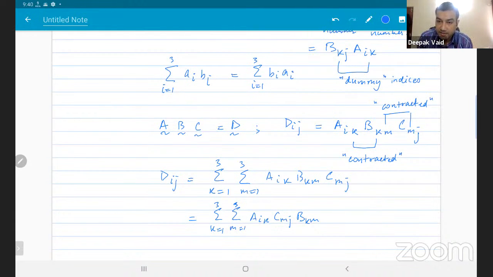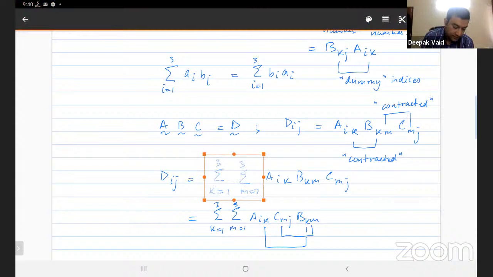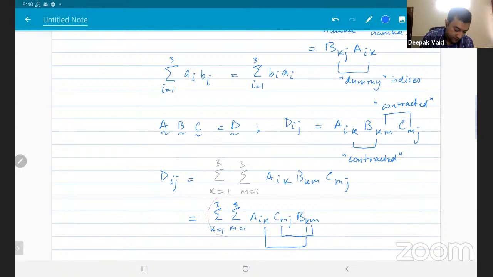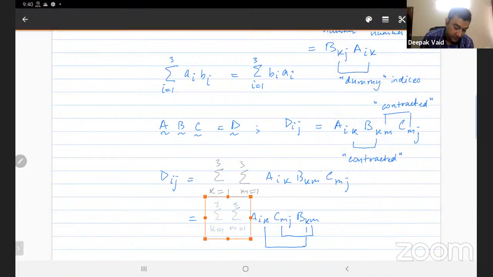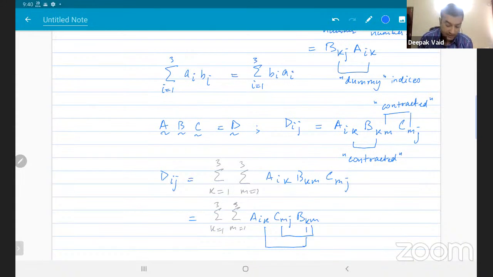The expression remains unchanged because Cmj is just a number, Bkm is just a number, right? The only thing that matters is that this m is being contracted with m and k is being contracted with k. So again, I can forget about these sums over here. I'm just putting that sum in to remind you that there is a sum involved, okay?